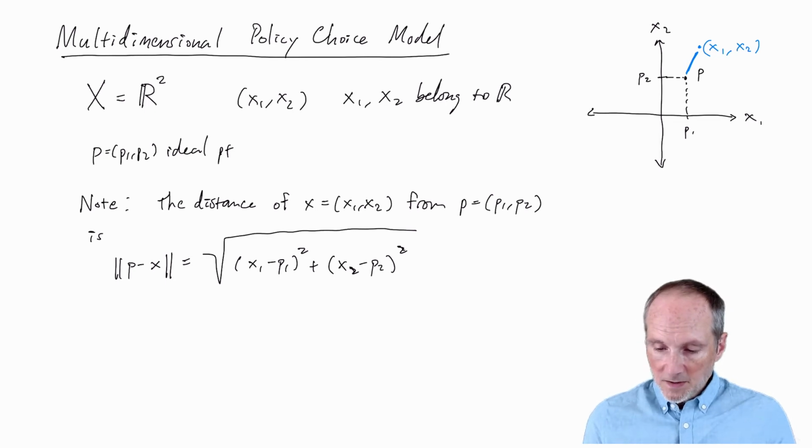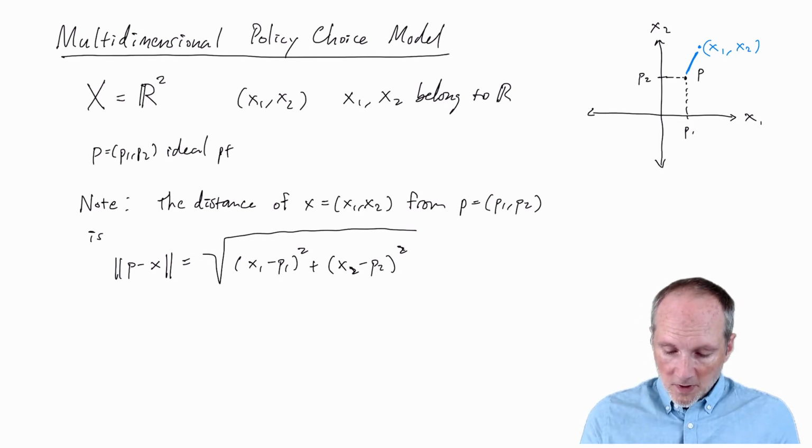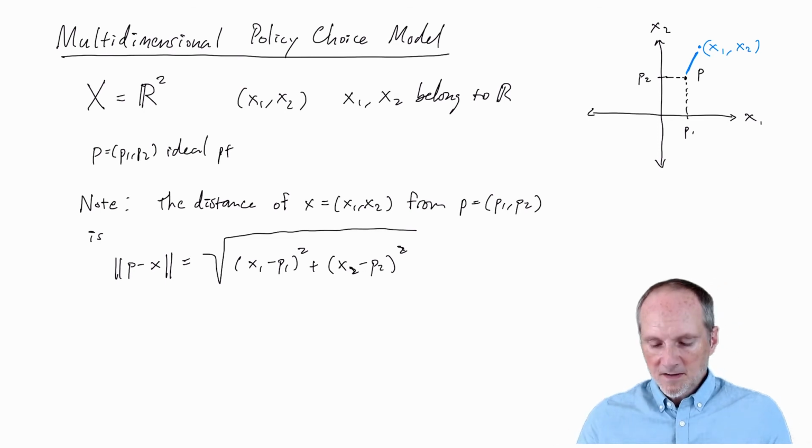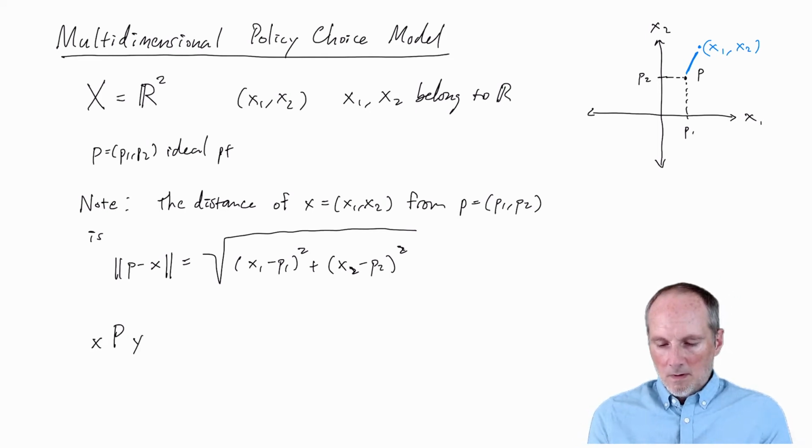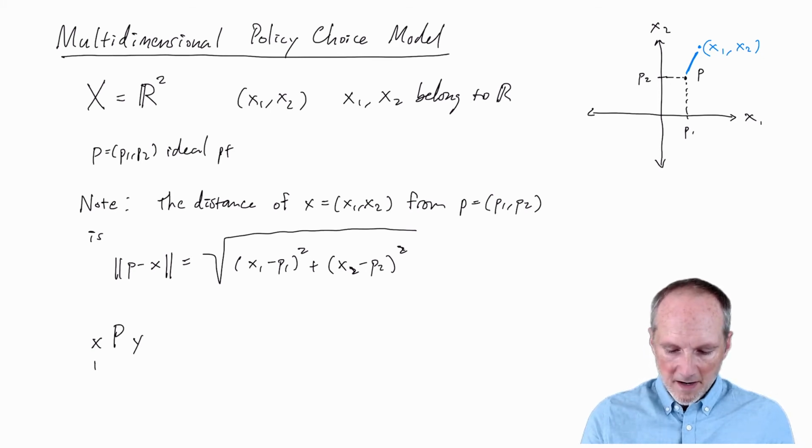Okay, so we're going to assume that the politician has, we can think of it as a list of preferences, which I'll use big P for, and between any two policies, so here X is a pair, X1, X2, Y is a pair, Y1, Y2.